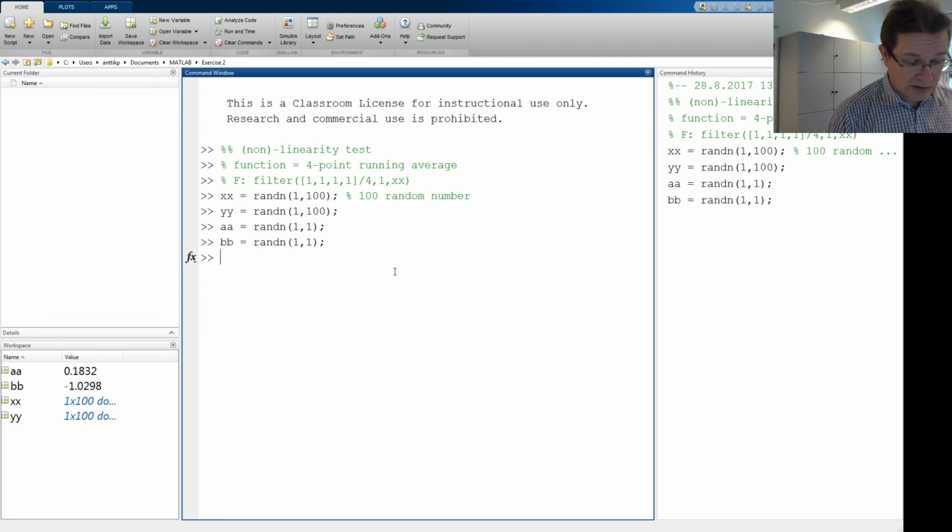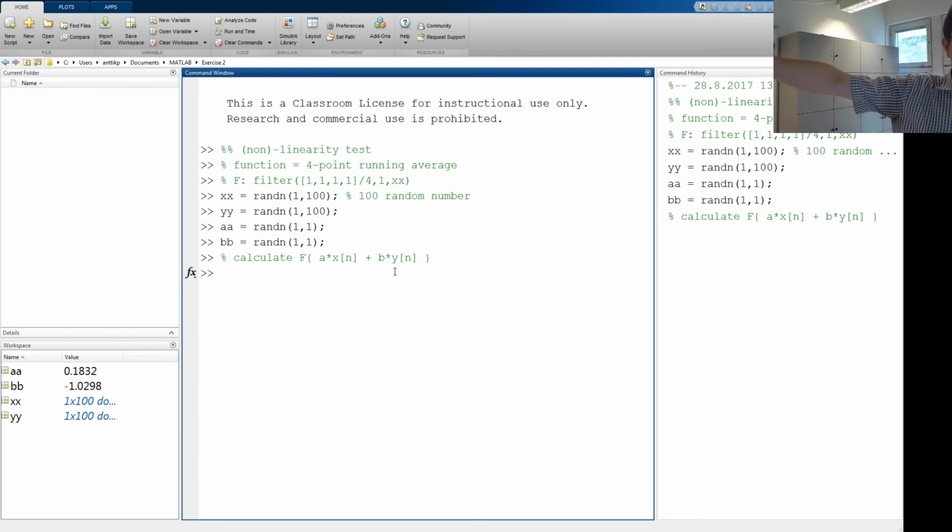First I calculate the output of the system with the combined input.